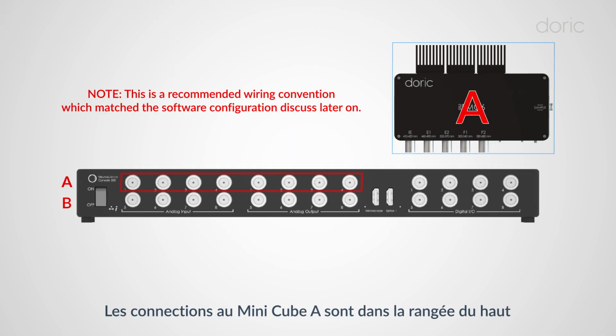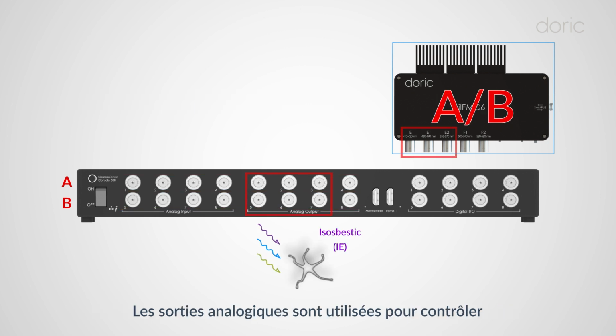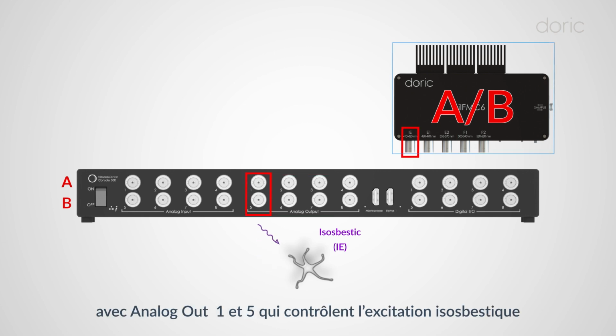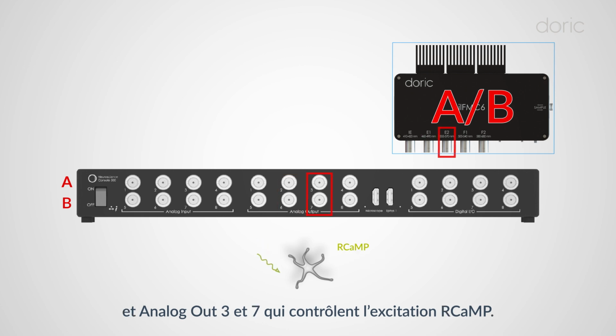The connections to minicube A are on the top row, while the ones for minicube B are on the bottom. The analog outputs are used to drive the LED excitations on both minicubes, with analog out 1 and 5 controlling the isosbestic excitation, analog out 2 and 6 controlling the GCaMP excitation, and analog out 3 and 7 controlling the RCaMP excitation.